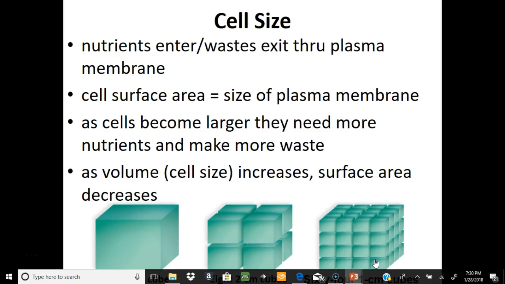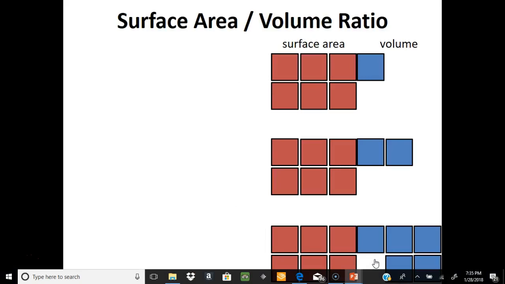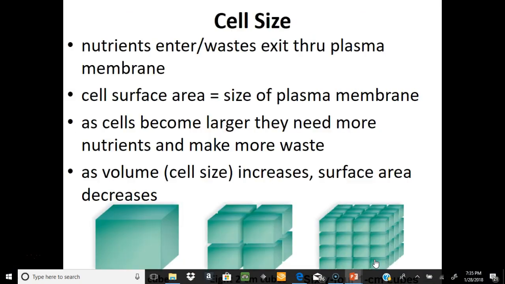So what happens is if the cell gets too large, it's not going to be very functional. Sorry. So if the cell is too large, it becomes non-functional, or you can't survive.